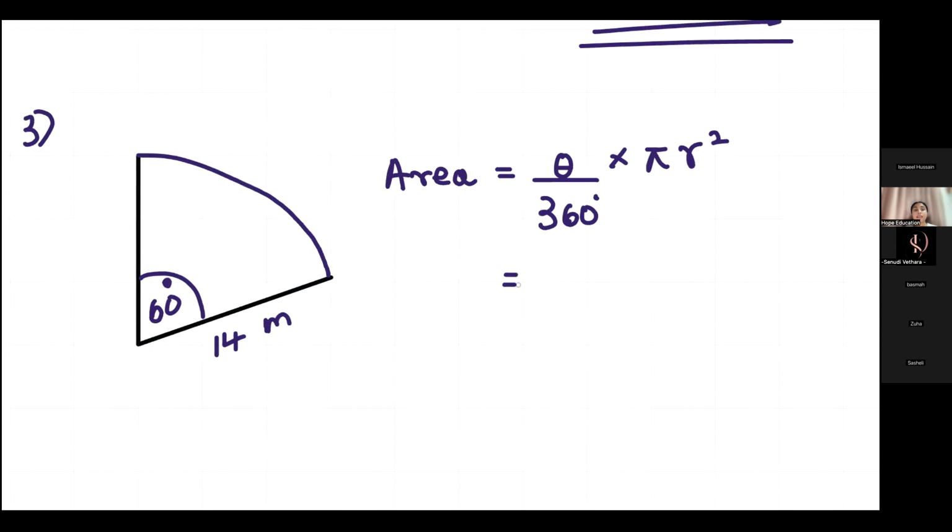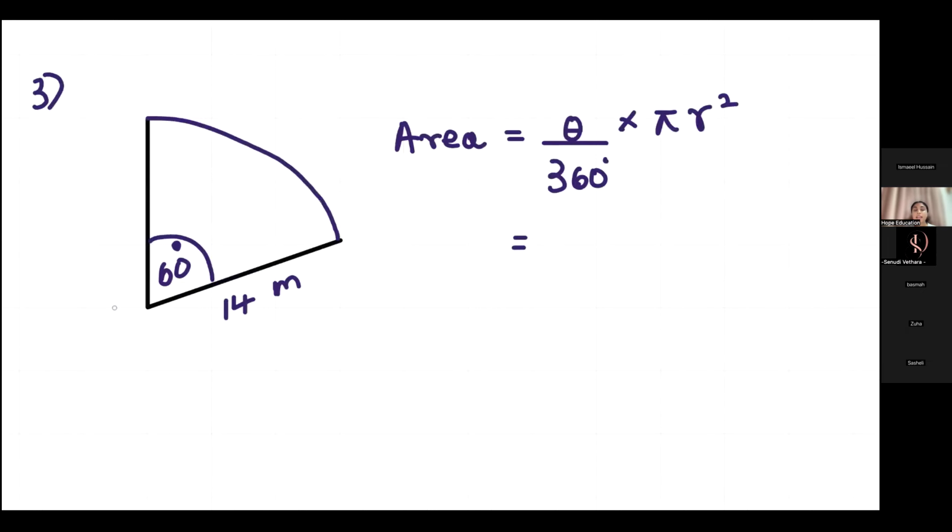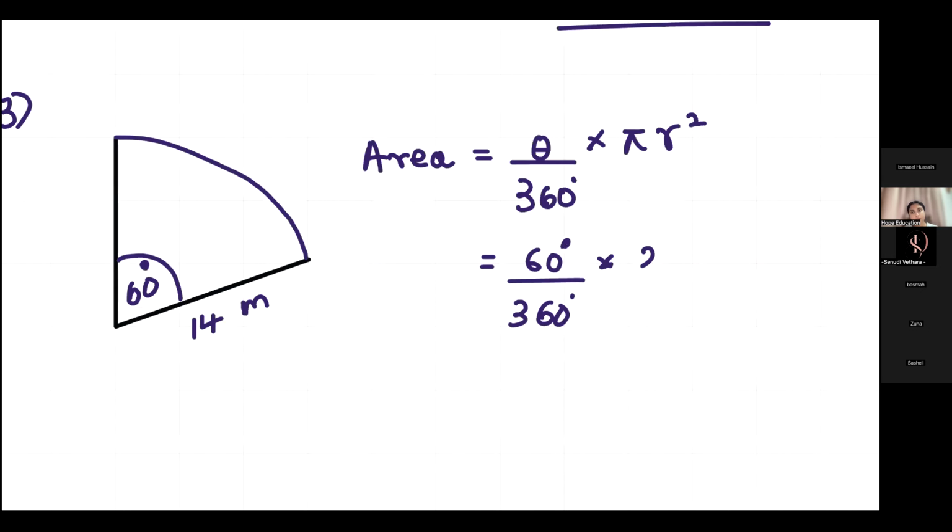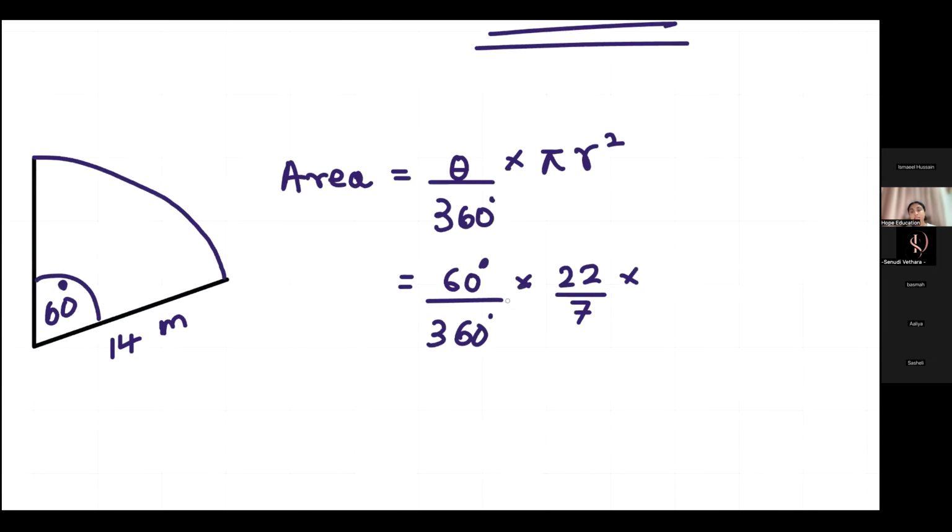Theta is the angle at the center. Here the angle at the center is 60, divided by 360, multiplied by pi. Pi is 22 over 7. Multiplied by r squared. R is the radius. Radius is 14. R squared means 14 multiplied by 14. Okay, let's simplify this.